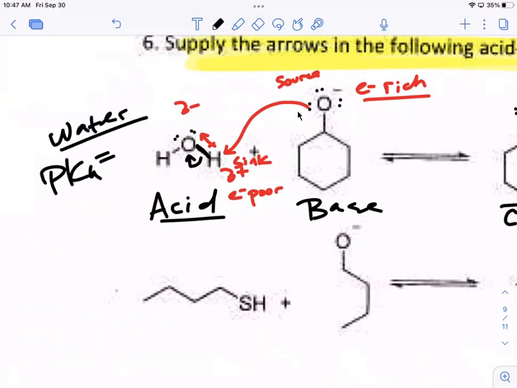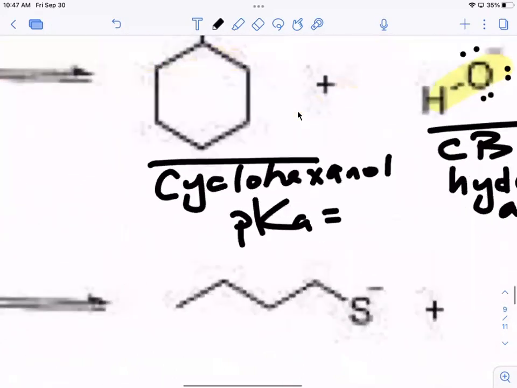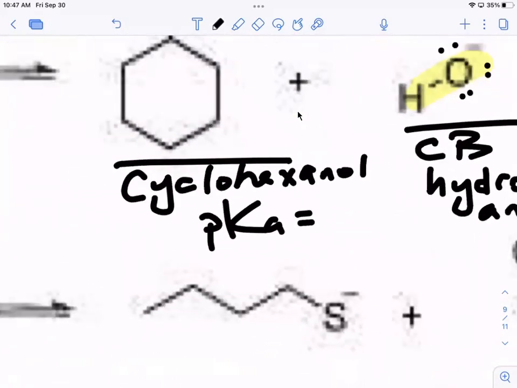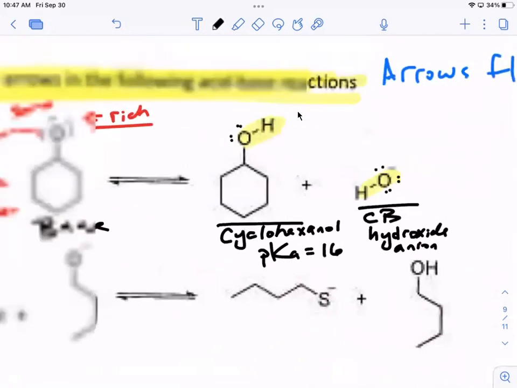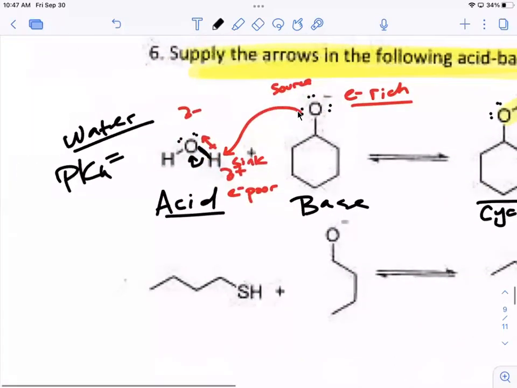The pKa for cyclohexanol says 16. Yes. What about water? Anybody got that? 14. Good.